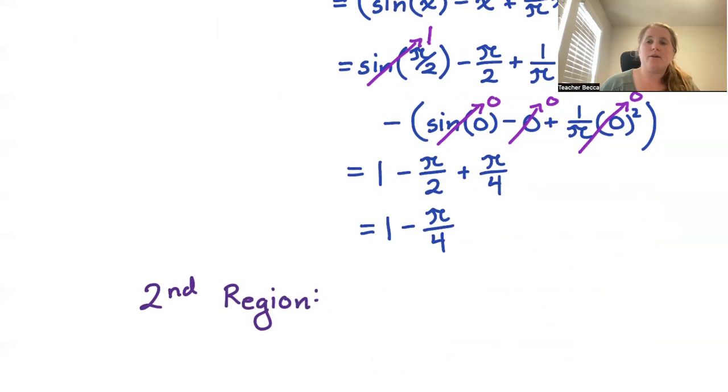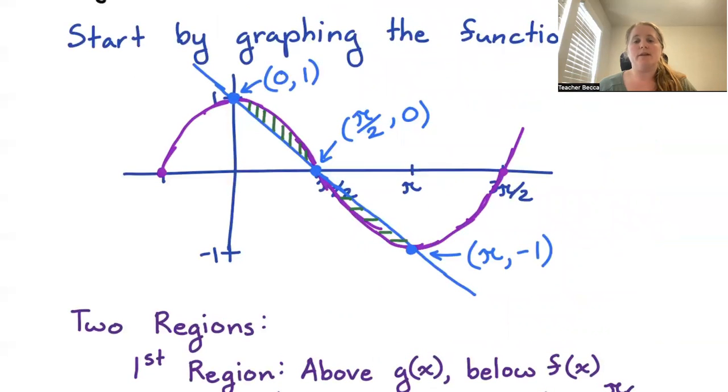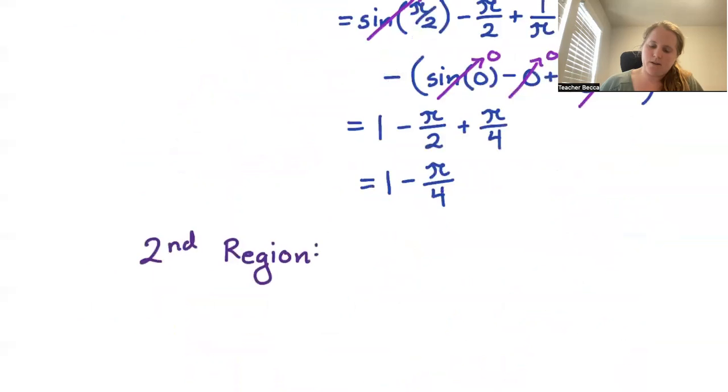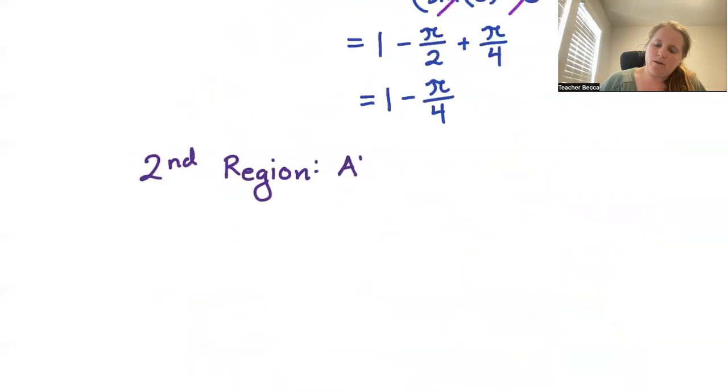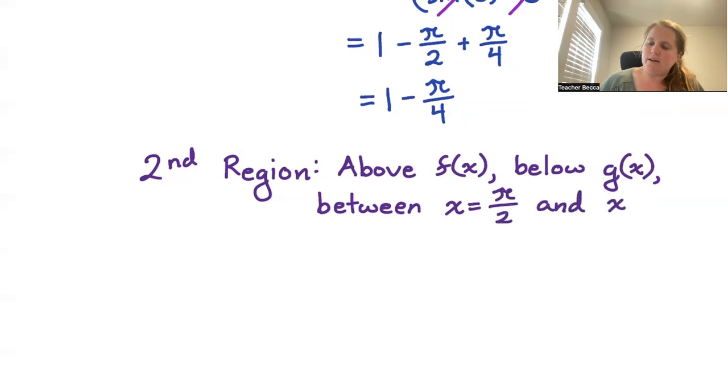if we look back at our graph, the second region was above cosine, so above f of x and below g of x, between pi over 2 and pi. So now we are looking at above f of x, below g of x, between x equals pi over 2 and x equals pi.